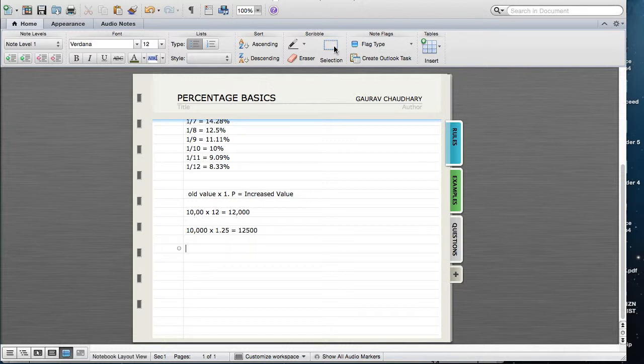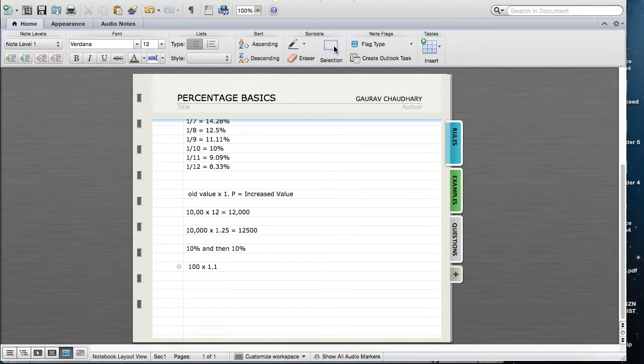Suppose a person's salary gets increased by 10% and again by 10%. We need to find the aggregate percent increase or the net percent increase in the salary. We'll assume a value 100 and multiply it by 1.1.